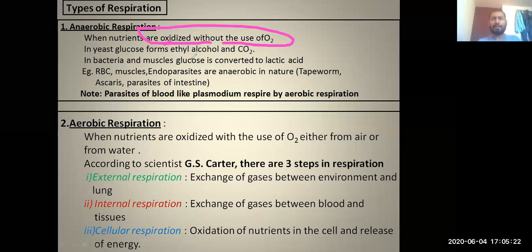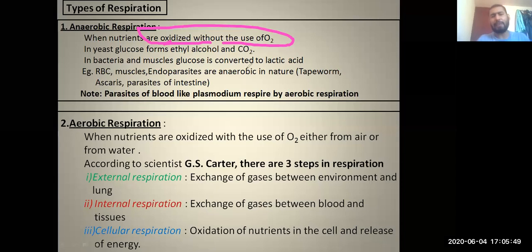Anaerobic respiration is also known as fermentation. If anybody asks you the difference between anaerobic respiration, fermentation and aerobic respiration, it lies in the terminal electron acceptor. In anaerobic respiration, the terminal electron acceptor is an inorganic molecule. In aerobic respiration, it is the oxygen molecule.